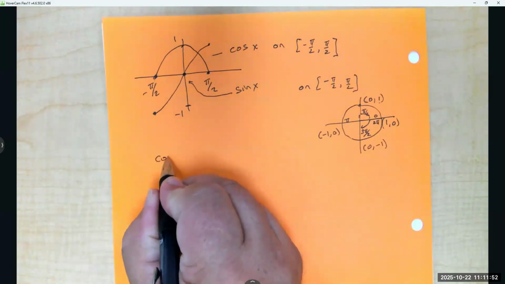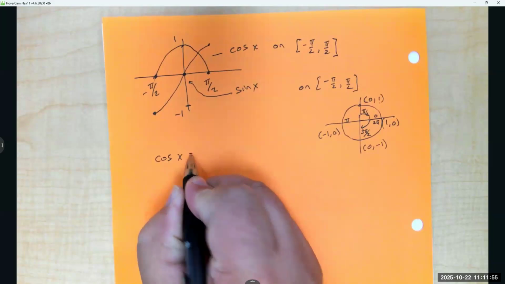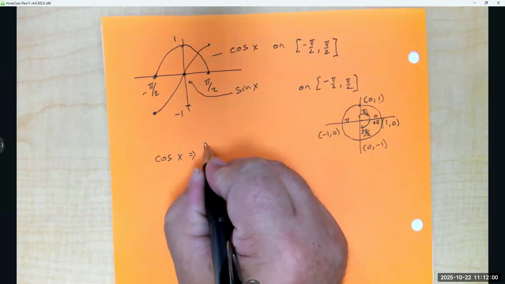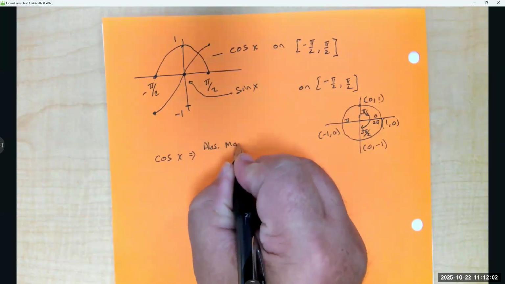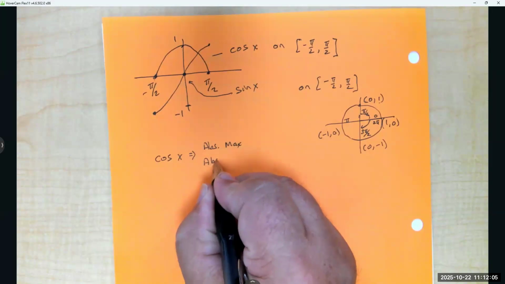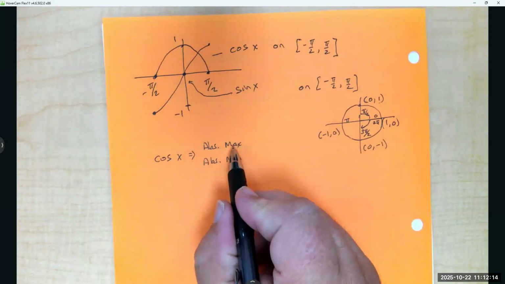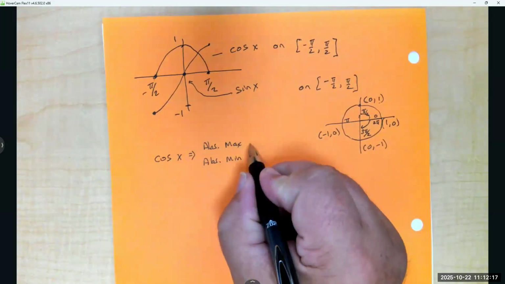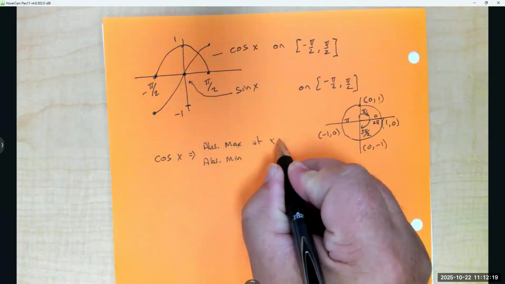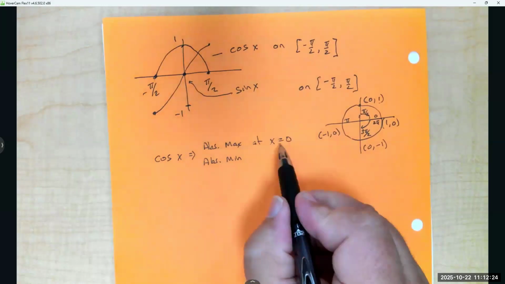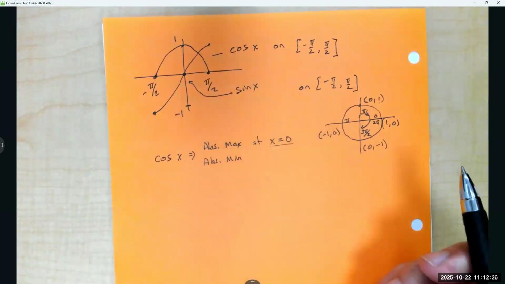Okay, so the cosine function. Do we have an absolute max or an absolute min? Do we have an absolute max on cosine? Yes. Where? The 1. Yeah, x equals 0. Right. When x equals 0, it equals 1. So whenever you talk about that, you say it's a maximum at x equals 0.